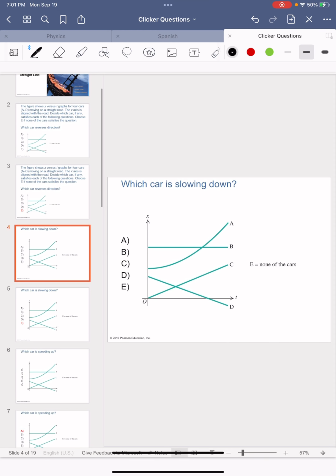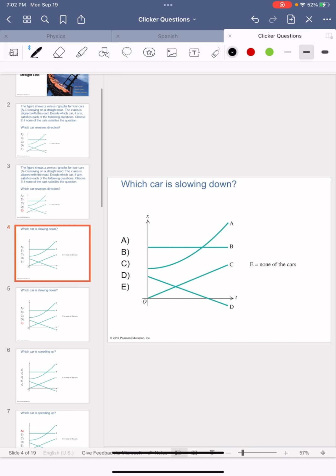If we look at car A, we can see that every second the speed increases, which means the car is not slowing down. If we look at C, we can see that the line goes upwards. That means that the speed increases with every second, so it is not going to slow down.